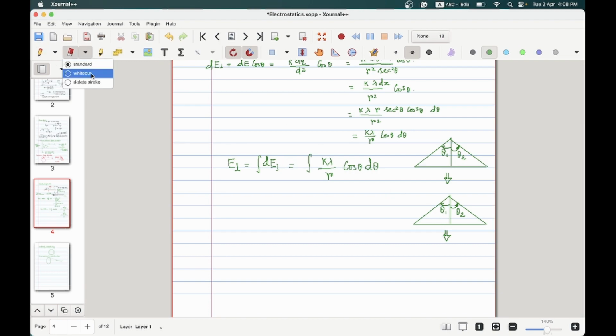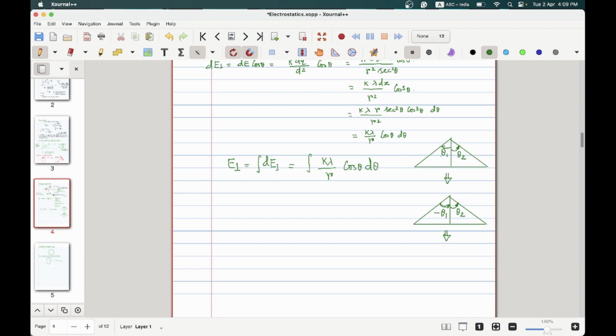This thing is equivalent of minus theta 1, like this. So we can take from minus theta 1 to plus theta 2. We can take it like this, or we can take minus theta 2 plus theta 1.